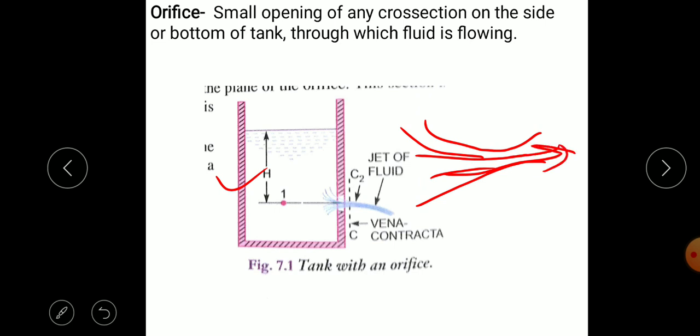So we can measure the differential head or the velocity through this orifice. Orifices are simply used for measuring the flow rate in tanks, where a small opening is provided in the side or bottom of the tank.